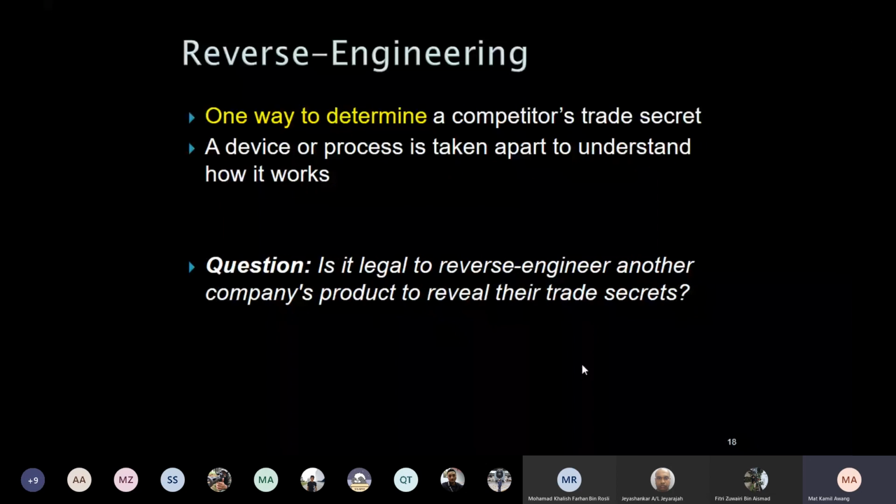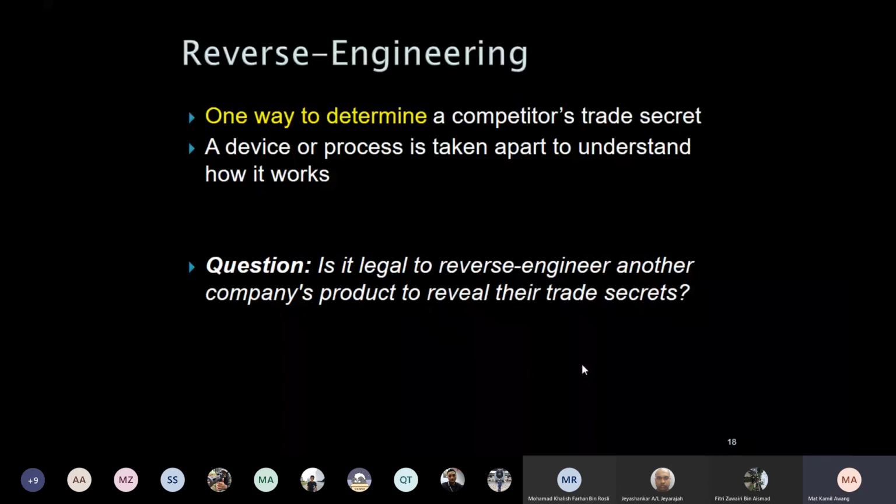And when you talk about patents, trademarks, or copyright, you have to talk about reverse engineering. Reverse engineering is really a method that you use to determine a competitor's trade secret, for example.